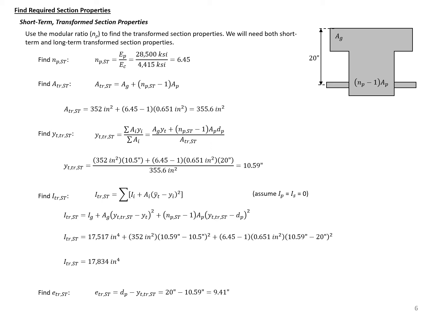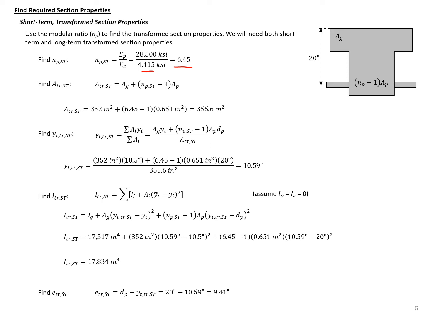We can find our short-term transform section properties also the same way that we did in the previous example, where we transform the area of our pre-stressing into an equivalent concrete area using our modular ratio, which is the ratio of our pre-stressing modulus to our modulus of our concrete using the ultimate strength.